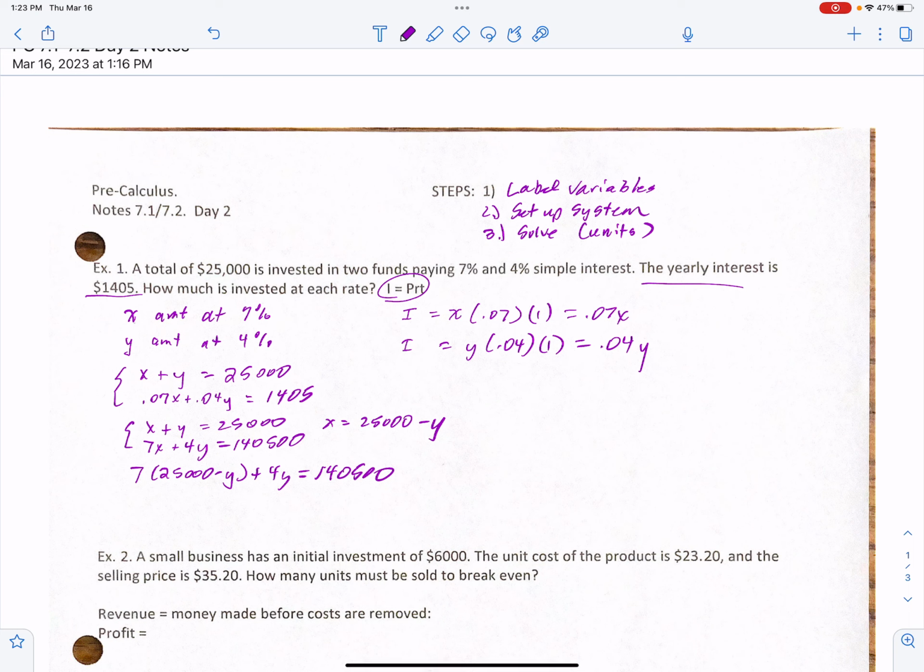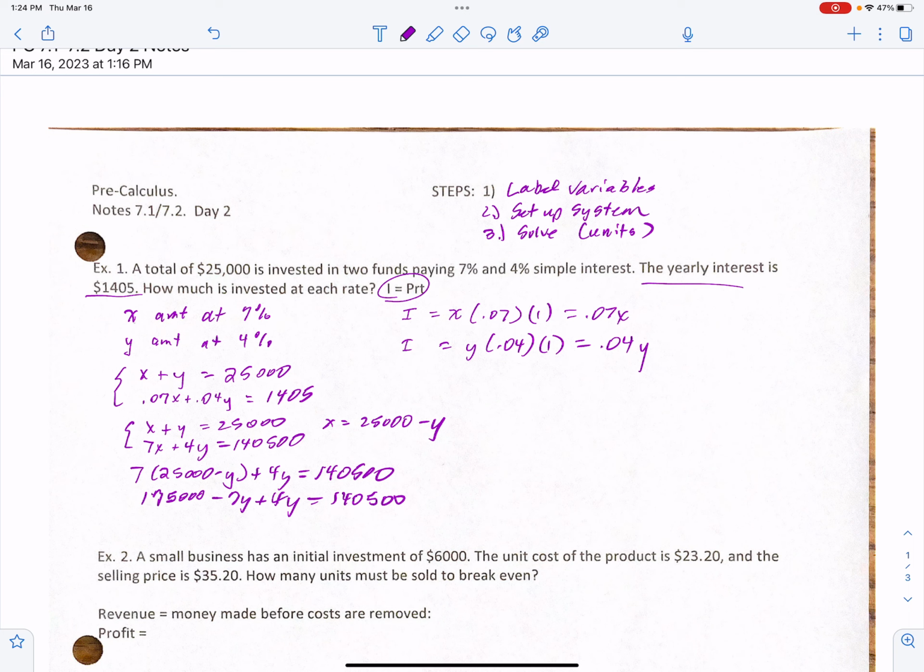And so if you distribute the 7, that's 175,000, minus 7Y plus 4Y. And then from there, continue to solve.